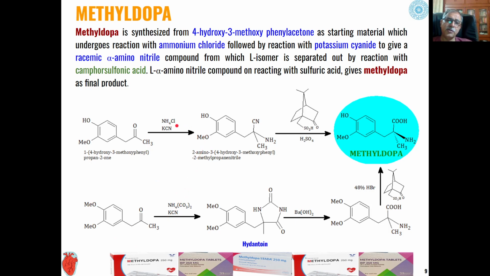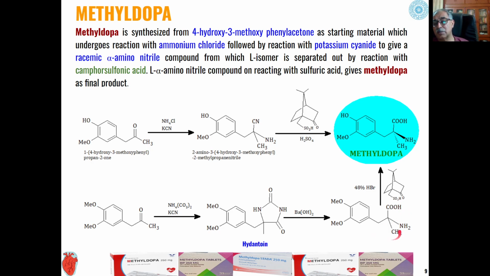And instead of ammonium chloride, we are using ammonium carbonate here, and this reaction will convert this phenylacetone derivative into hydantoin, which is hydrolyzed directly by barium hydroxide into the corresponding carboxylic acid. So the only difference from this method is here we first synthesize the propanenitrile, whereas here the hydantoin directly gives us, on hydrolysis with barium hydroxide, the corresponding carboxylic acid.